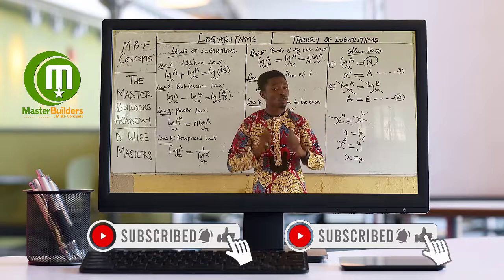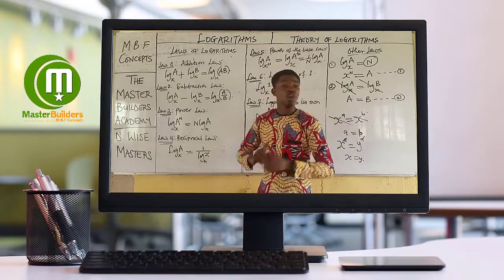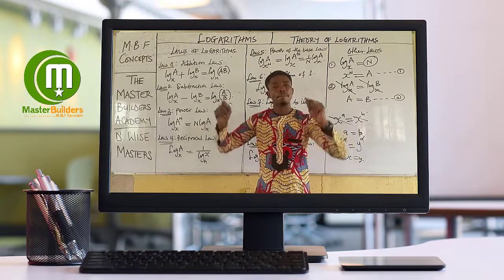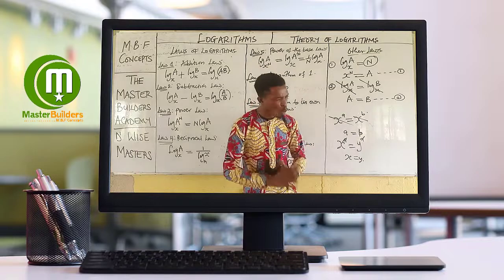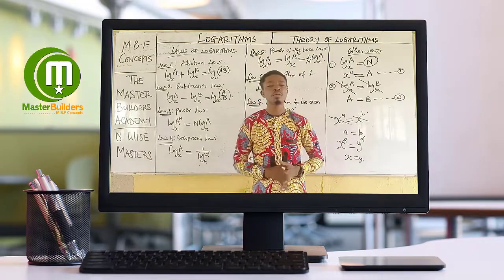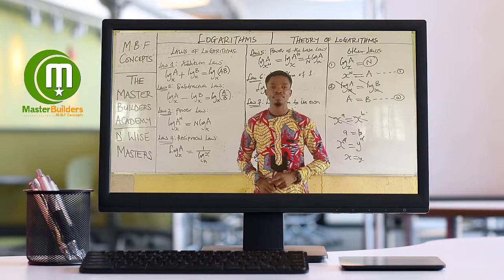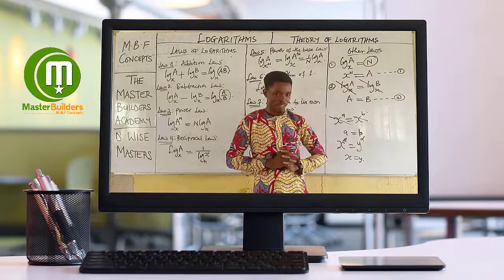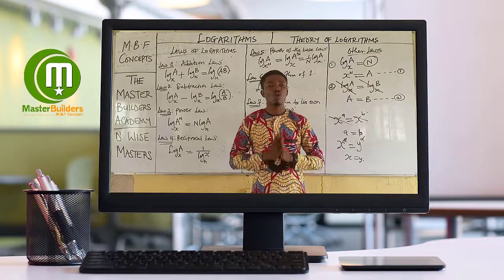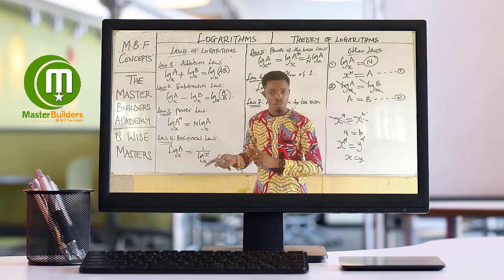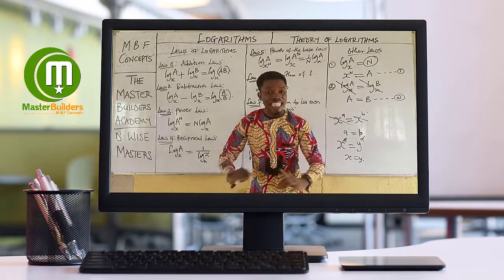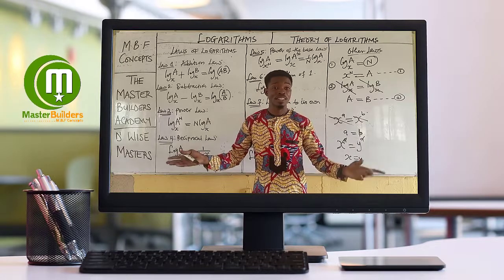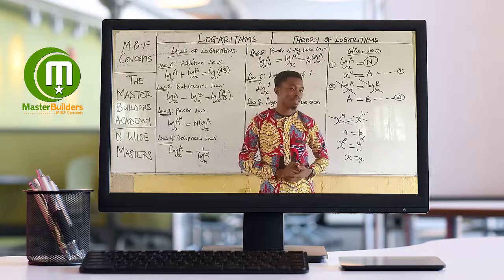Because you will never be able to solve problems effectively on logarithms if you do not know the principles that are applicable. So please, I beg you to ensure that you acquaint yourselves with the principles, the laws, and the theory first before you dive into solving problems using these laws. And I bet you guys, if you are able to acquaint yourselves with these principles, you are already 70% good in solving problems on logarithms.